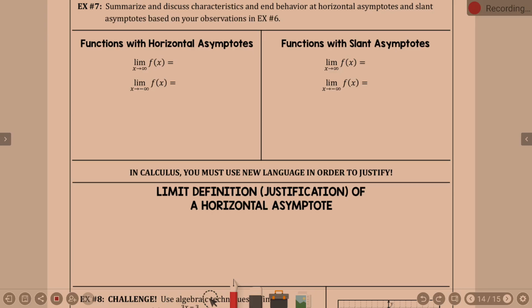Integers. Okay. And integers that matched with, what were they the same as? The horizontal asymptote, yes.